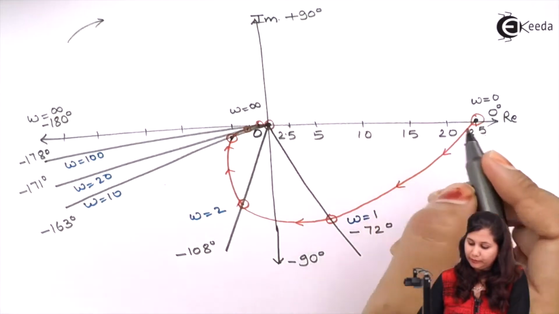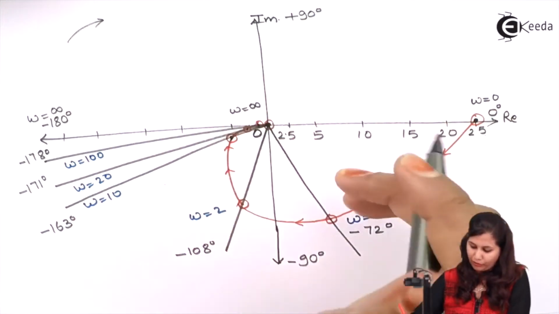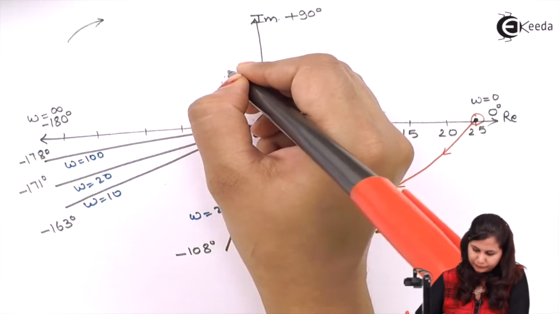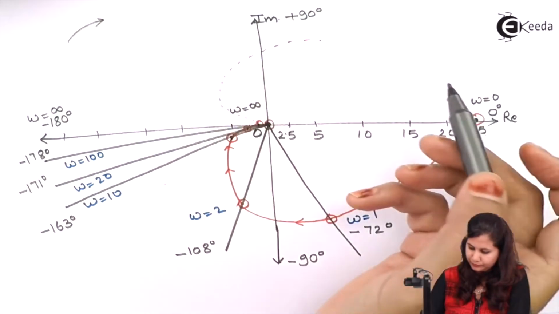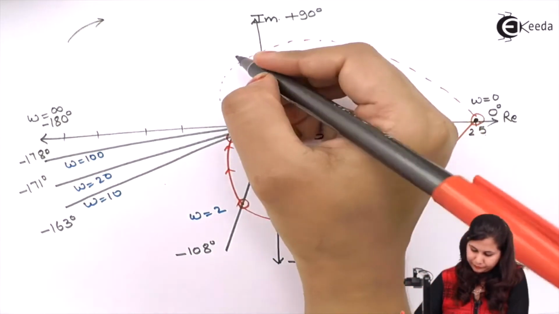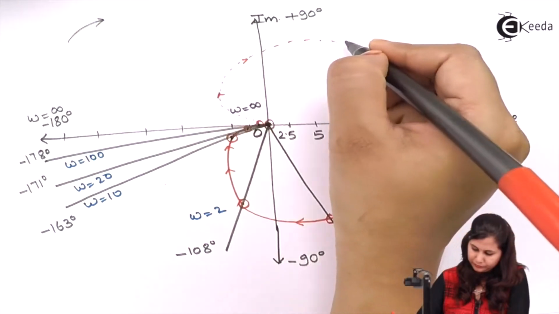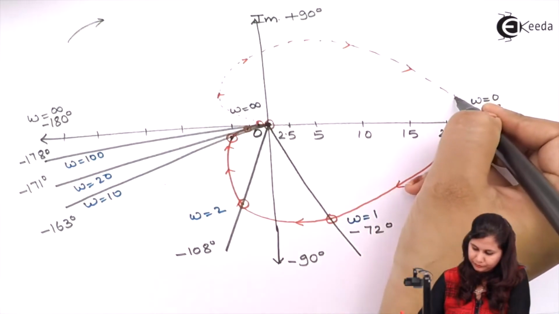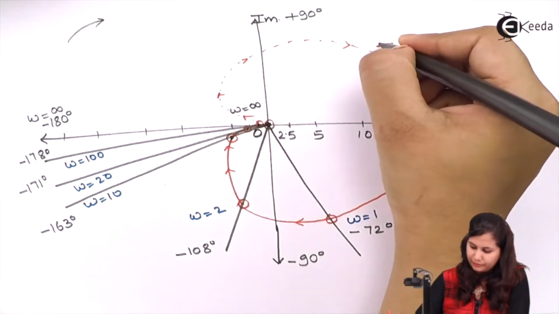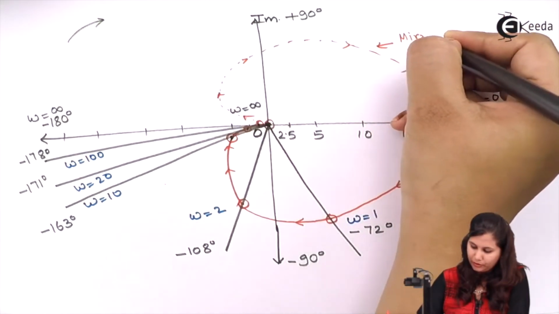Now draw the mirror image of this plot. We have drawn it; this is the mirror image of the polar plot.